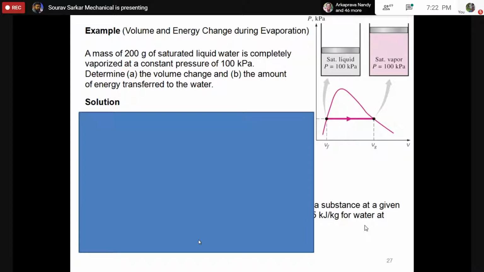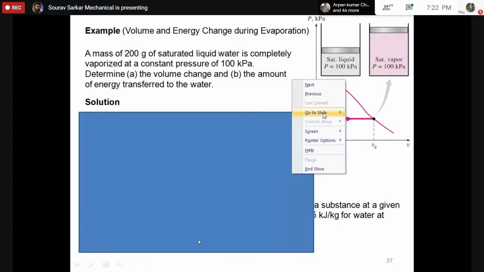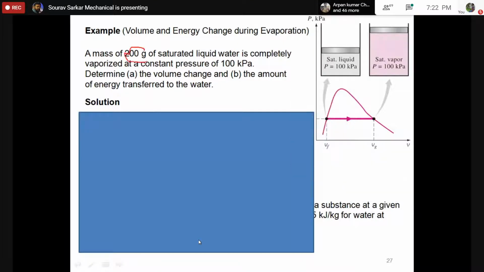A mass of 200 grams of saturated liquid water is completely converted into vapor at a constant pressure of 100 kPa. Determine the volume change and the amount of energy transferred.